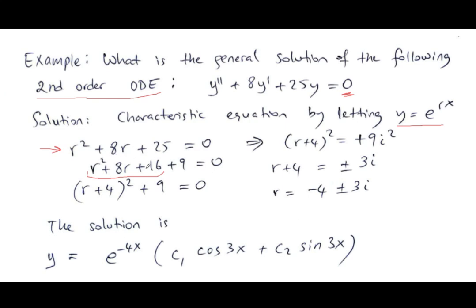So we can write this as a perfect square, r squared plus 8r plus 16, and then plus 9. So we decompose this 25 as 16 plus 9, and then this makes here a perfect square plus 9. And then you can actually put this 9 on the other side as minus 9.